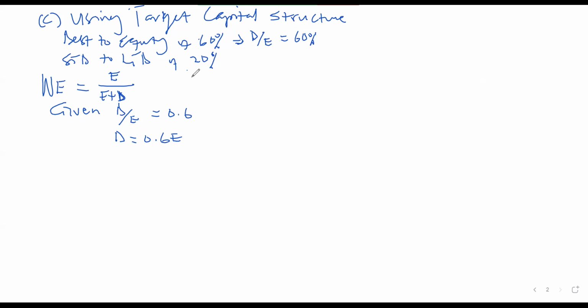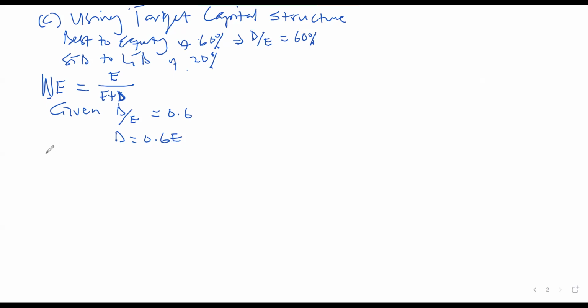So if we are okay up to this point, then if the weight of equity is equal to equity over equity plus debt, then wherever I see debt in this, I can put 0.6 E, isn't it? Yes.